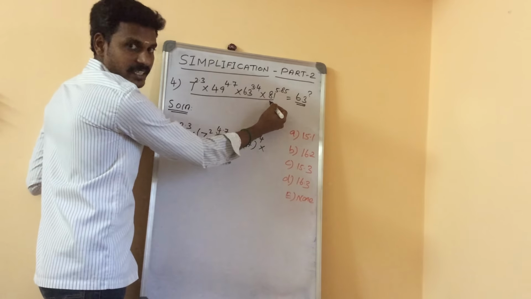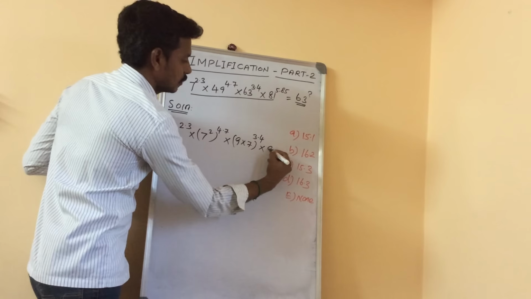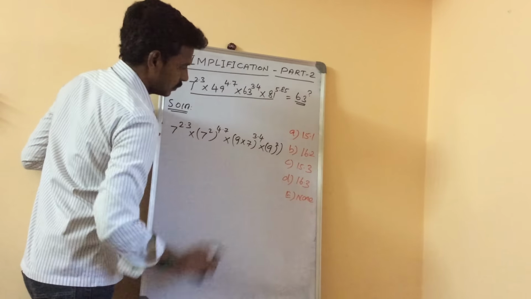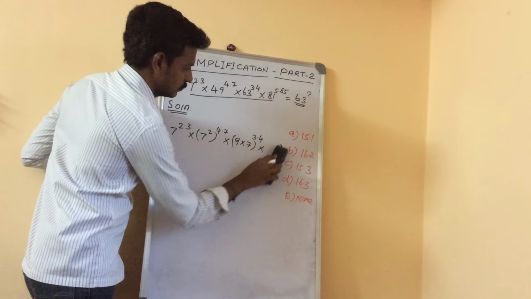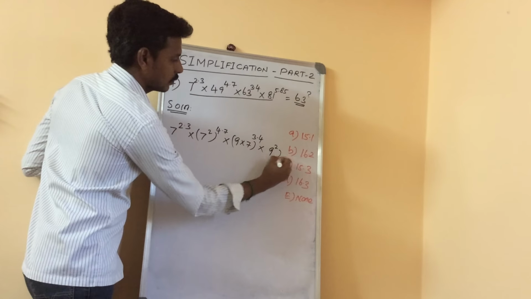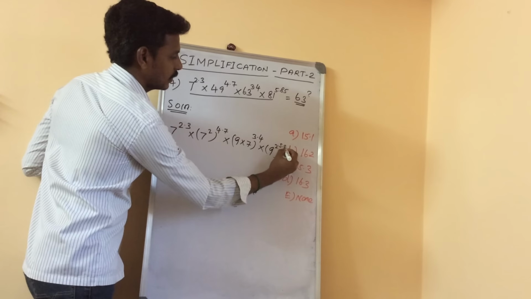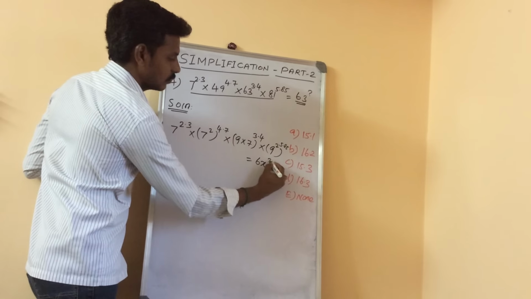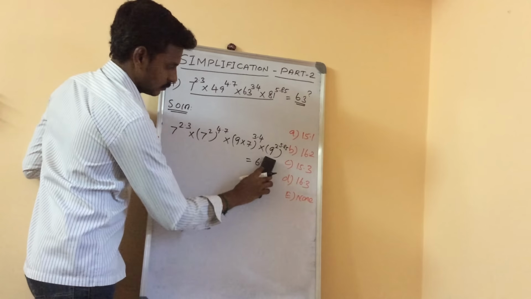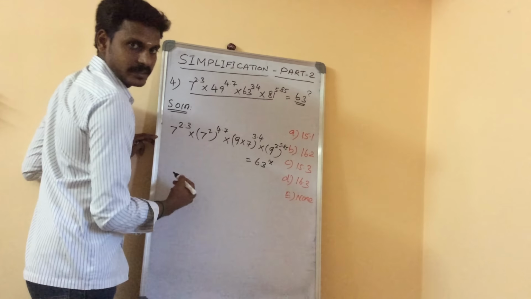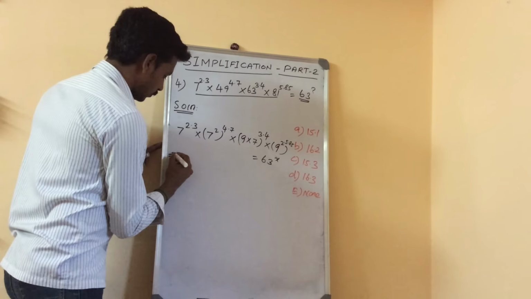So we can take 81 as 9 square, whole power 5.85, okay, equal to 63 power x.